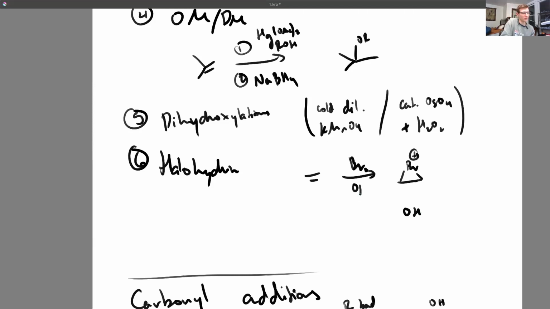And then from there, you could deprotonate and get there. So it's kind of specific, but it'll get you there, or at least it'll get you an alcohol, and then you have to deal with that bromine. But sometimes you want that bromine, so we do that.